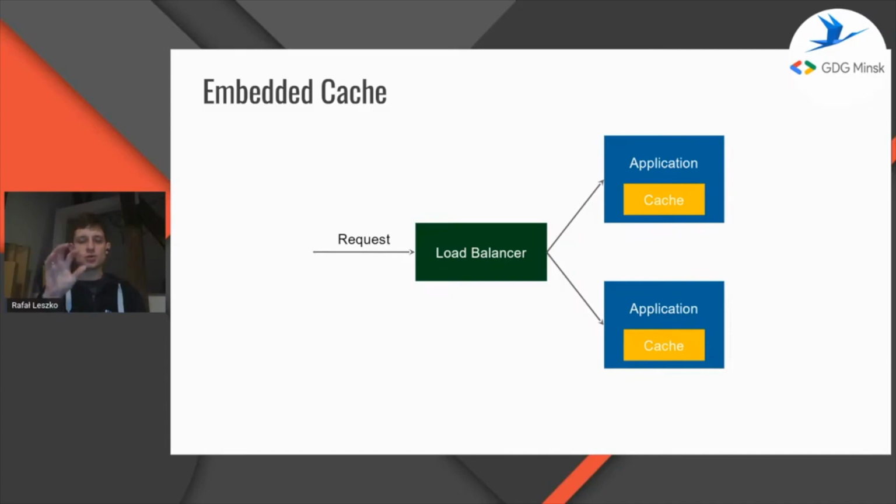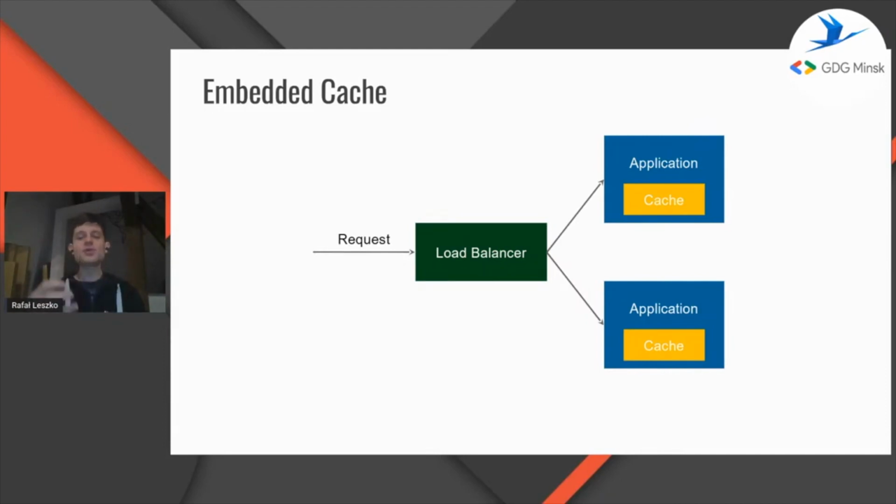Imagine that a request goes to the load balancer, it is forwarded to the application at the top. We make some long-lasting computation, put the value into the cache, return the result. Now, the same request can go to our system, but it can be load balanced to the application at the bottom.